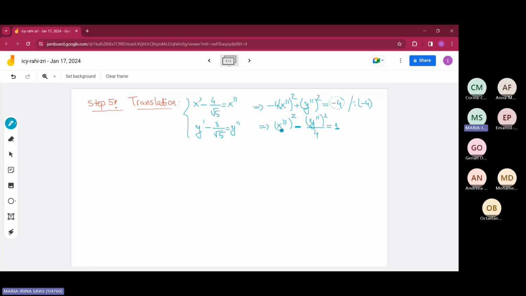So that is the equation of the hyperbola. Here it is over 1 because you have over a squared, so a is 1 and b is 2. And this is a hyperbola. And that's all.